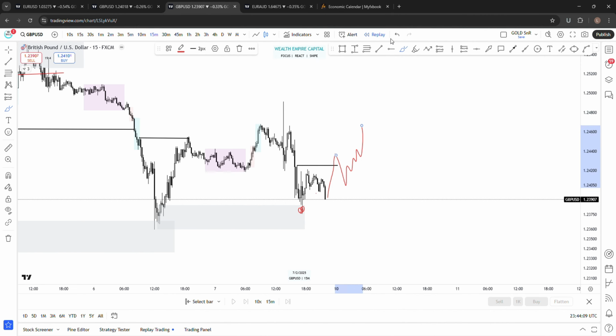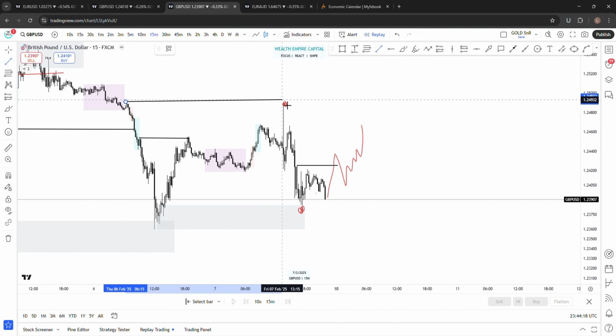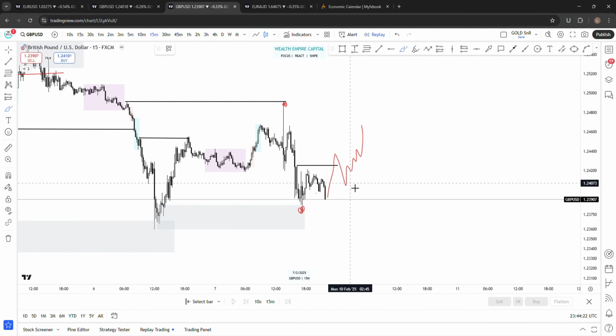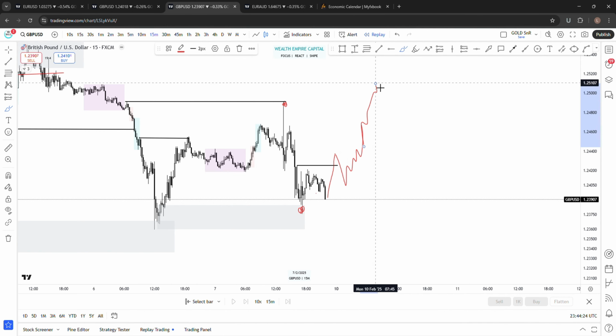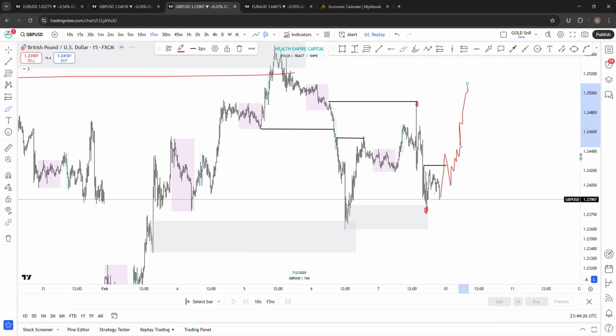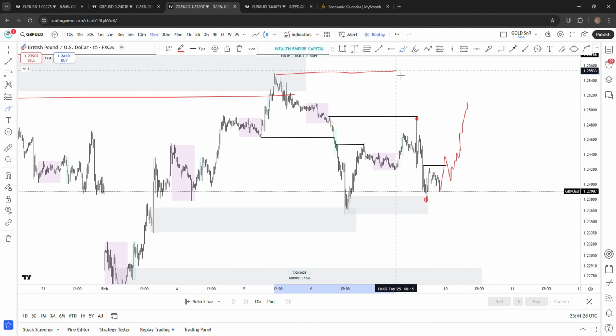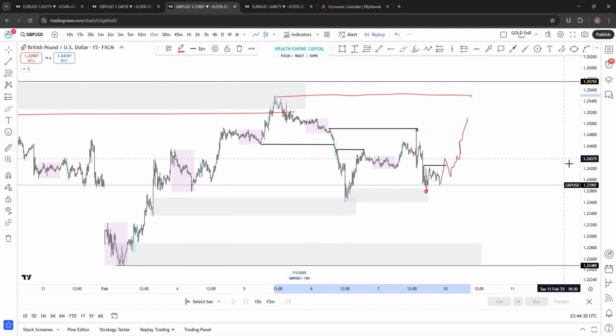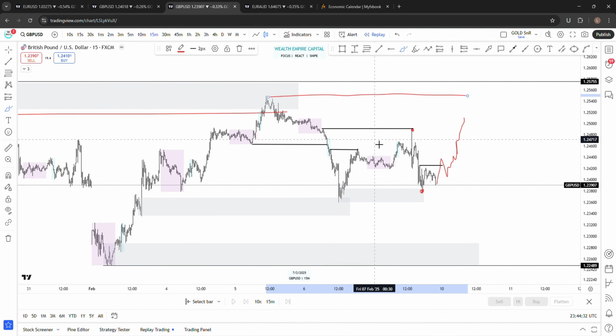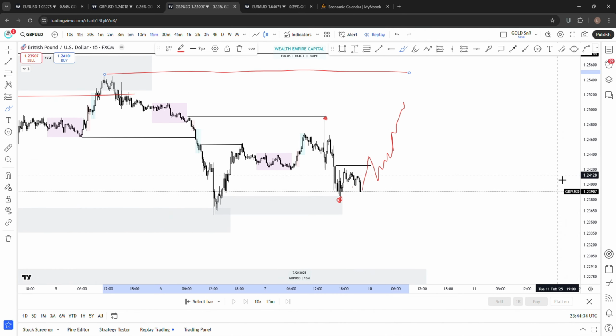Another thing is that this point together with this one formed what we call liquidity, equal highs. So if I get any buys from here, I am quite certain that we are going to break to the top, take out this liquidity, and then get to the final target liquidity which we are looking at. That's the first scenario that I'll be looking at on GBPUSD.